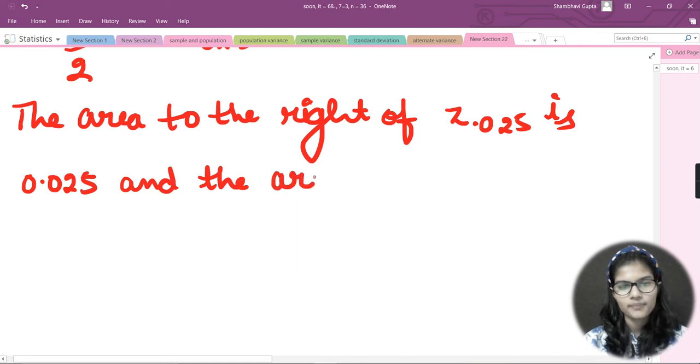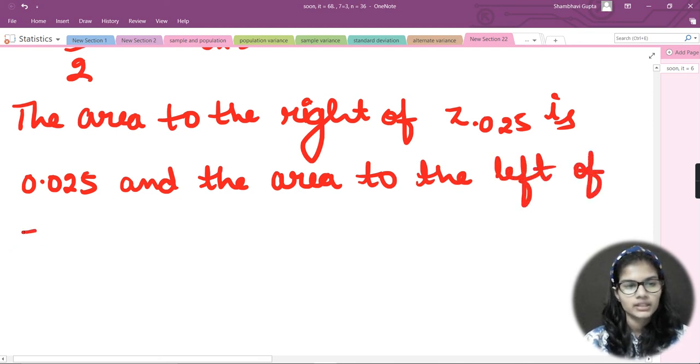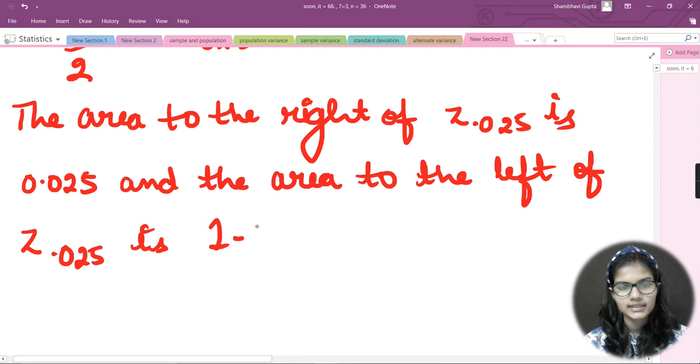The area to the left of z of 0.025 is 1 minus 0.025, right? We subtract it from 1, and whatever answer we get, that will be the area for the left, right?